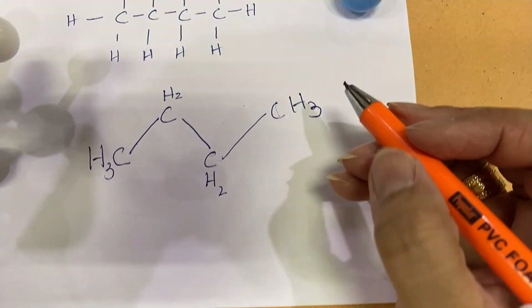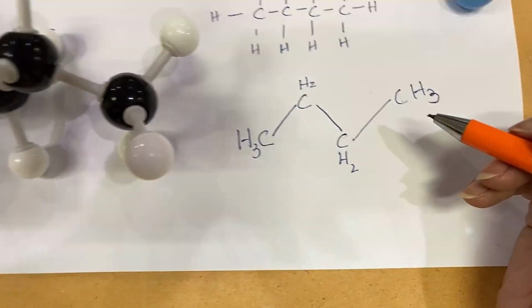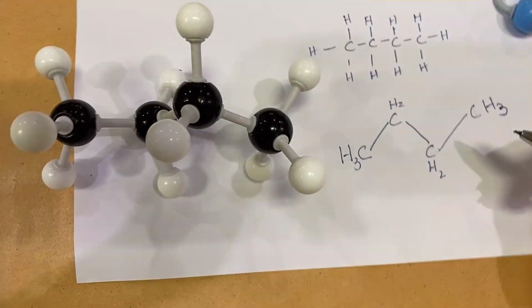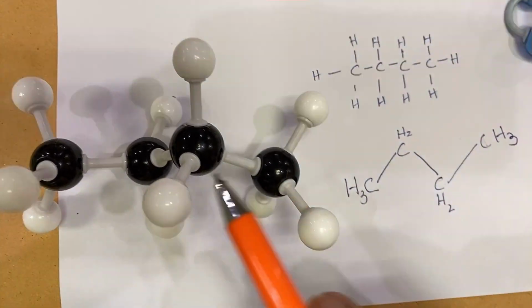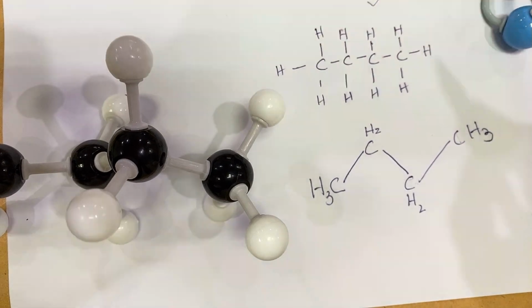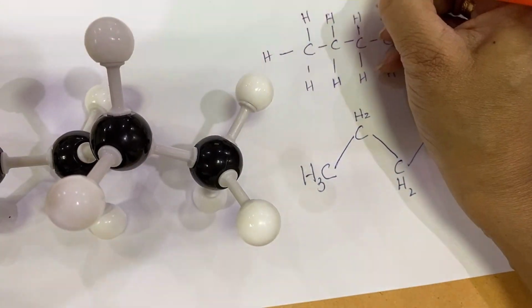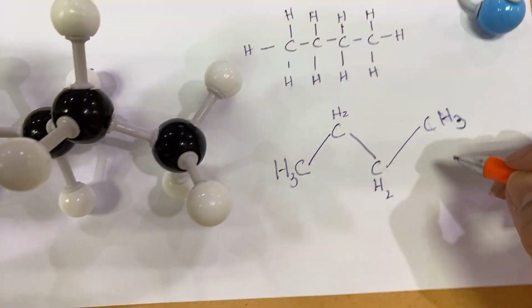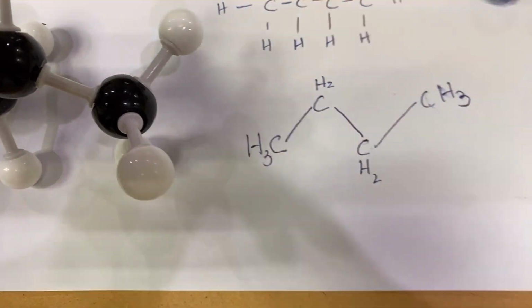So this is how the zigzag-shaped butane molecule looks, right? These two both resemble each other, whereas this one was the straight chain, n-butane, right? It was n-butane, and this is the zigzag form of the butane molecule.